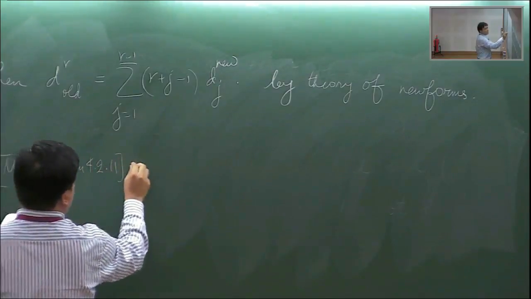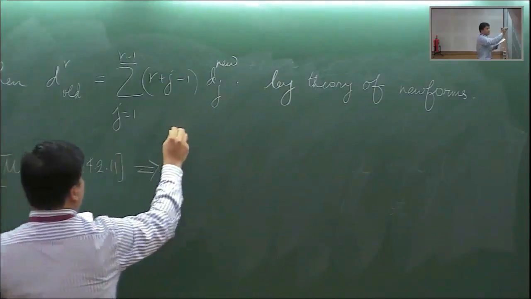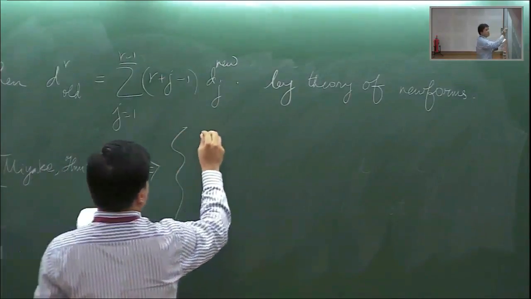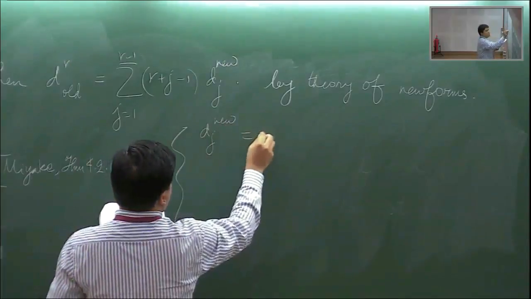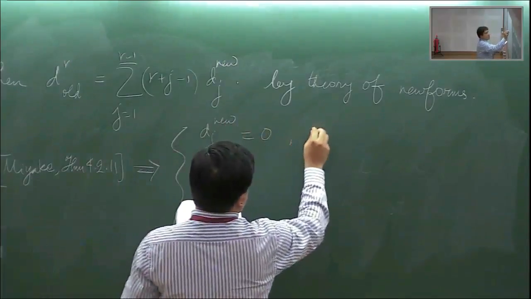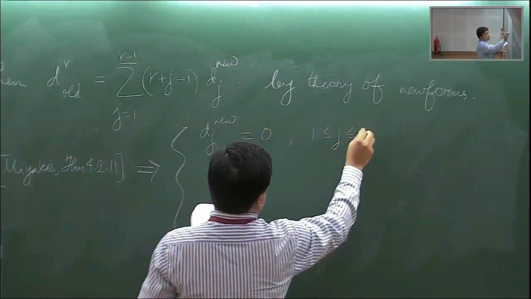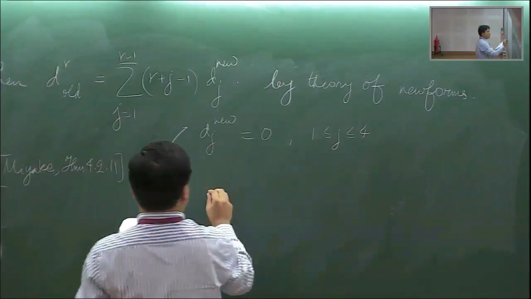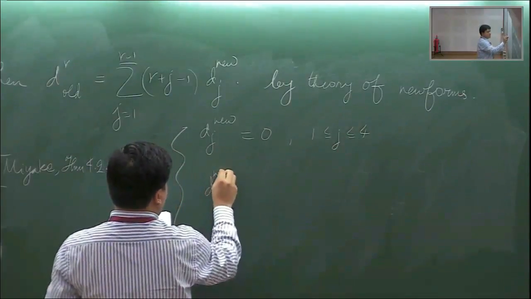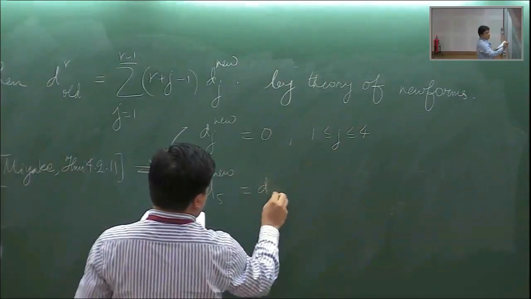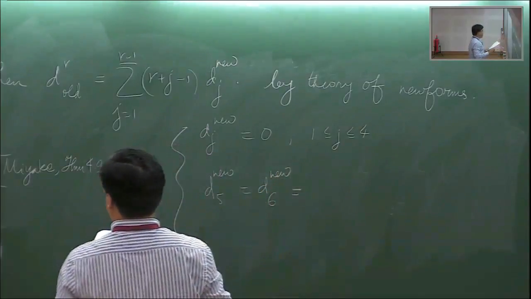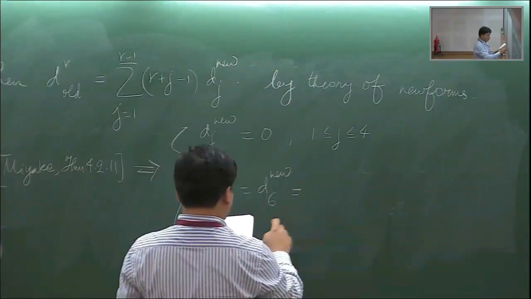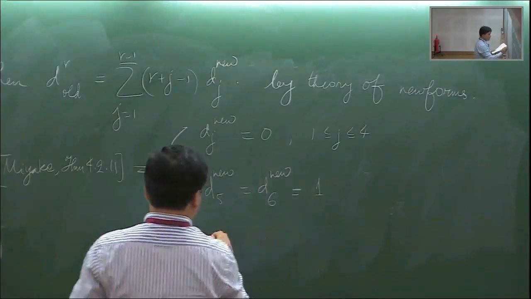Okay, it's very nicely explained here. d_j new equals 0 if 1 is less than or equal to j is less than or equal to 4, and then 2 to the power 6, this is 4 to the power 6, 1 and.